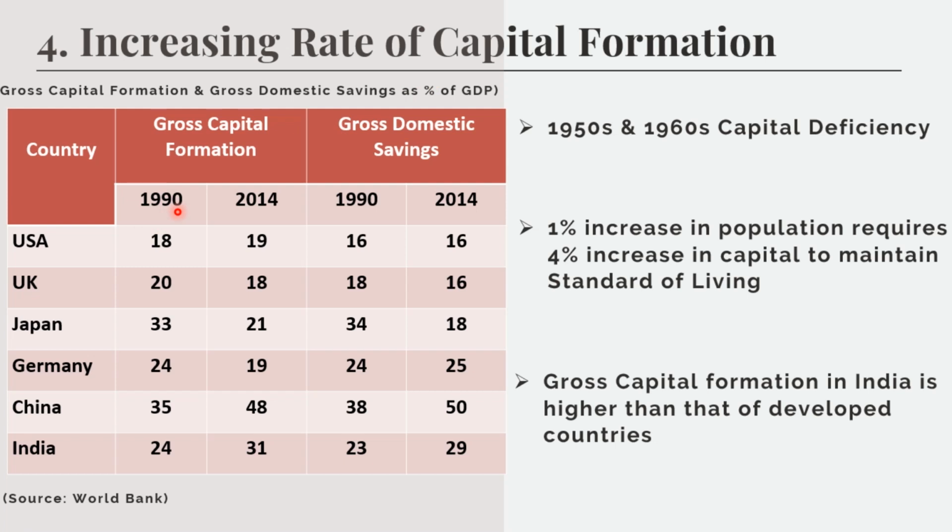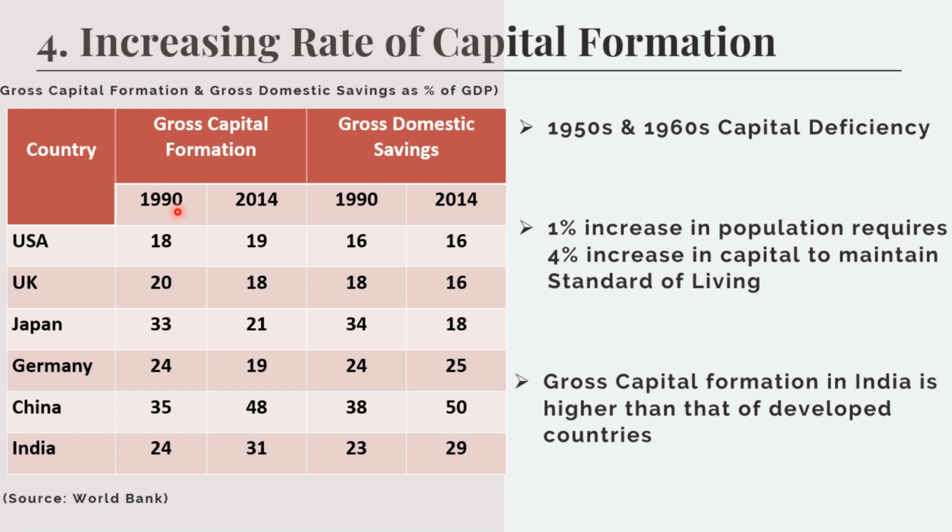One thing is increasing domestic saving ratio, and the second important thing is the policy of liberalization. Due to the adoption of the policy of liberalization, foreign direct investment is coming into our country. We are importing a huge amount of capital from other developed countries of the world.